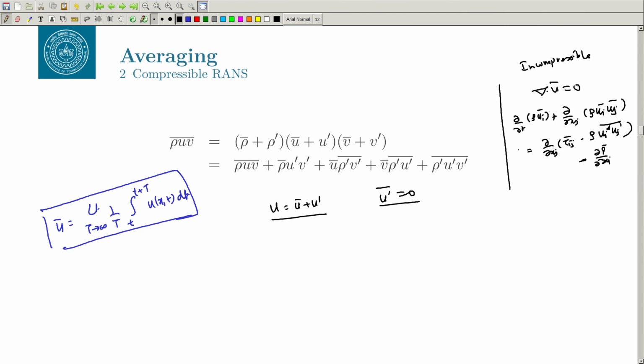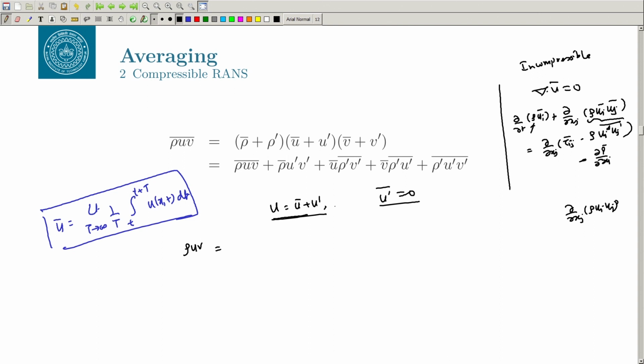Just try doing that, but remember that in compressible flow rho is not constant, so you cannot take the rho out. Let us take this term, for example, in compressible flow: del by del x j of rho u i u j. Let us take it in the x and y directions, so you have rho u v. Use the same assumption, u equal to u bar plus u prime.